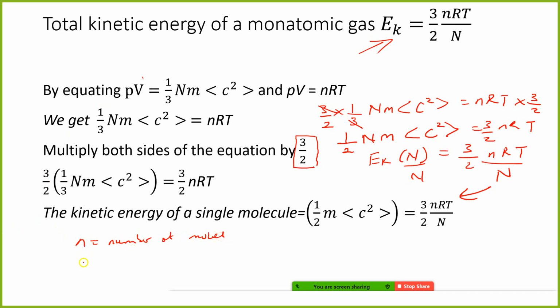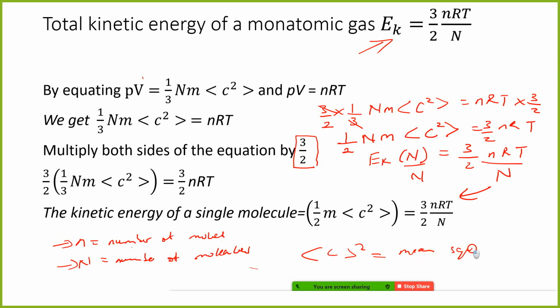And sometimes they ask you not to define these things, but to tell us what the symbols mean. So small n, number of moles; big N, number of molecules. And they could ask you what the mean square speed means. They can ask you these things.